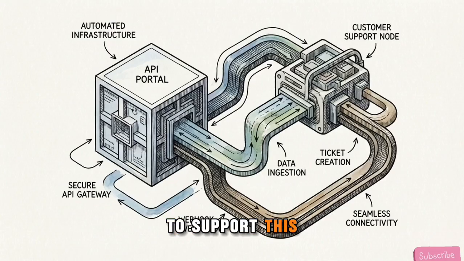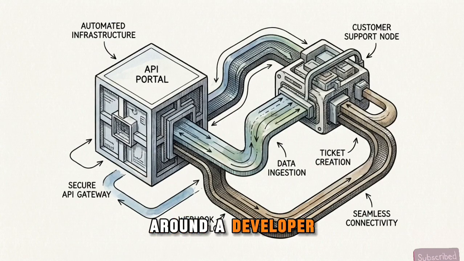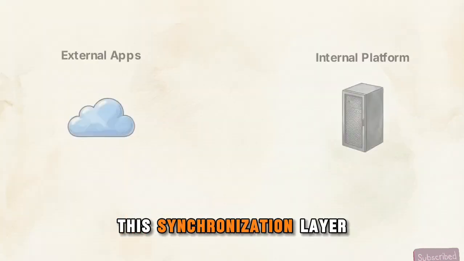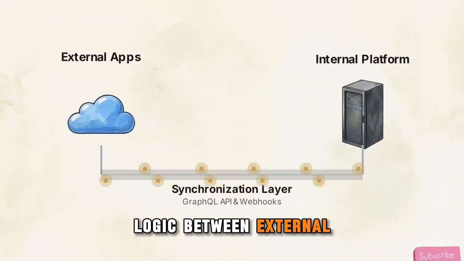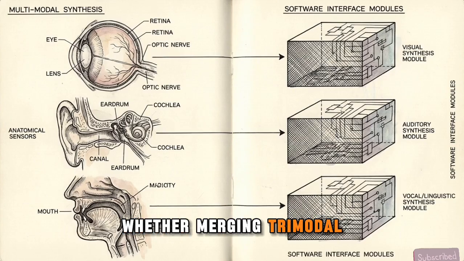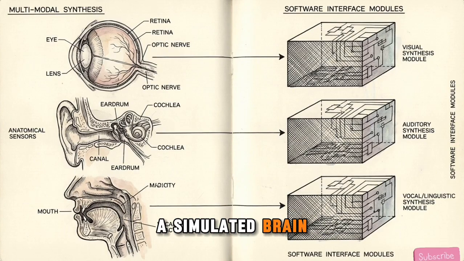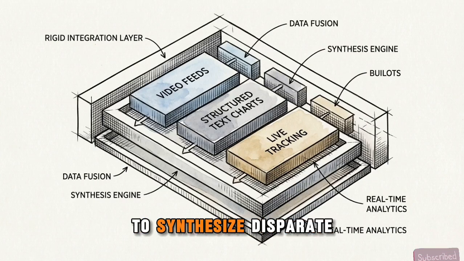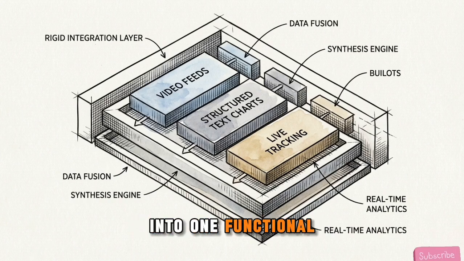To support this, they rebuilt their infrastructure around a developer portal, equipped with a GraphQL API and webhooks. This synchronization layer automates logic between external applications and internal databases. Whether merging trimodal sensory inputs for a simulated brain or unifying software modules for an enterprise community, scaling requires a rigid integration layer to synthesize disparate data streams into one functional environment.